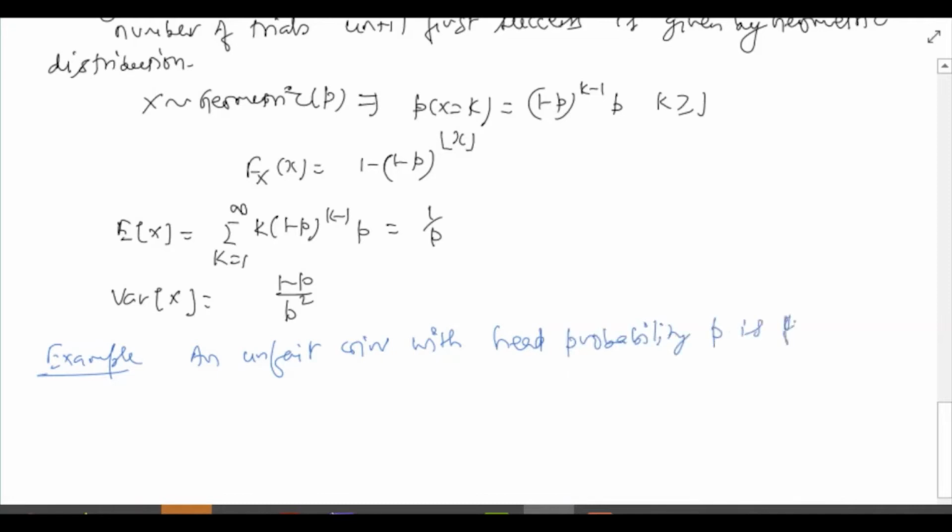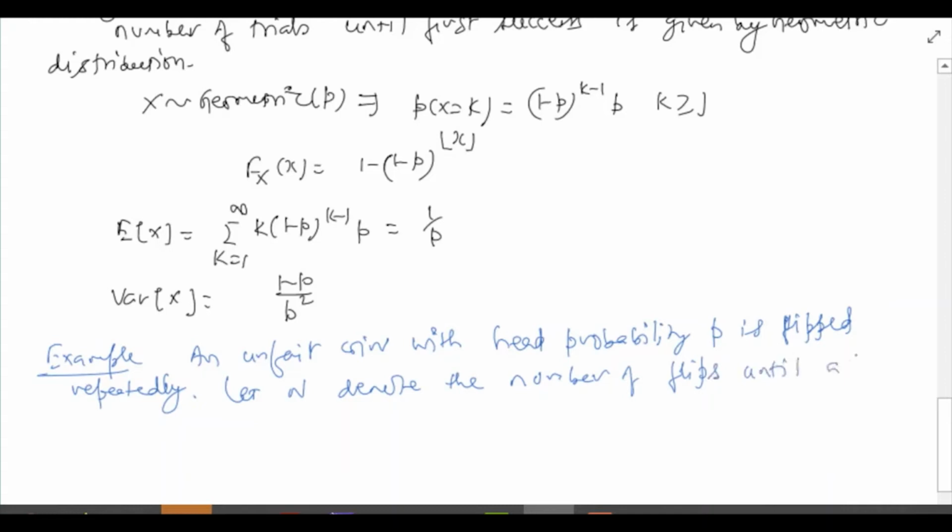Let n denote the number of flips until a head appears.